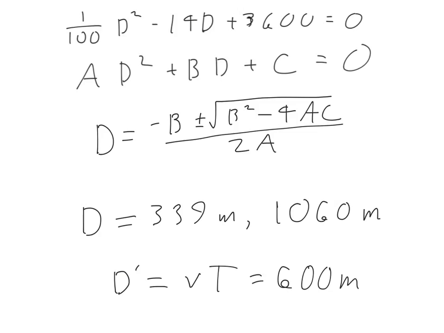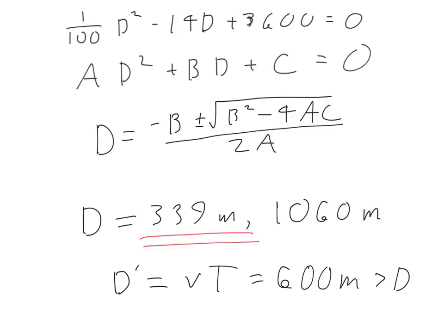So that's if he spent the entire time doing that, but we know he spends less than that much time. So we know that with this sort of setup, d prime has to be greater than the actual distance he's gone. That's the thought process we would use to realize, oh, we should be taking the smaller of our two roots. And so this one is the most appropriate.